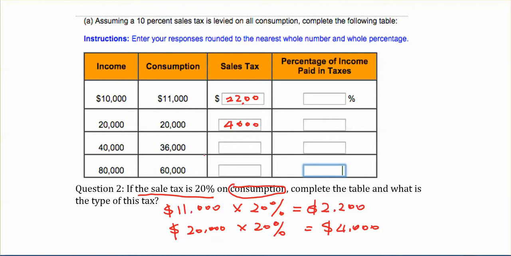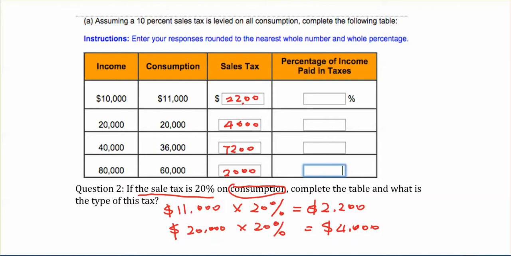Then you can do the same calculation by using the consumption times the sales tax, and you can finish the rest of the two. In order to save time, I just write down the answer. So that is 7,200, and here is 2,000. So that is how we finish the third column, sales tax.